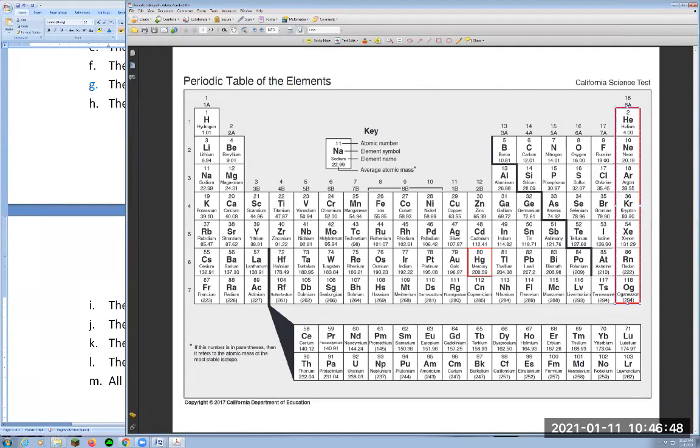Oxygen, nitrogen are gases. Boron, well, that's a metalloid. Carbon, phosphorus, sulfur, selenium, iodine, astatine are all non-metals that are solid. The only one that is liquid is bromine. Bromine is the only non-metal liquid. It's a brown liquid with a stench. It doesn't smell good. So bromine is the one.